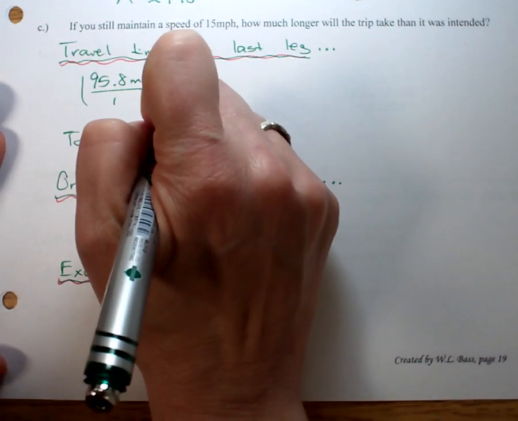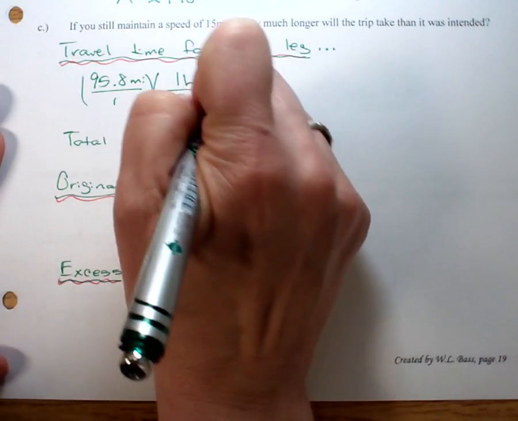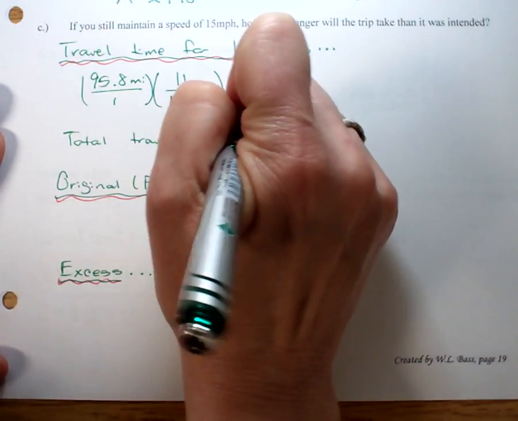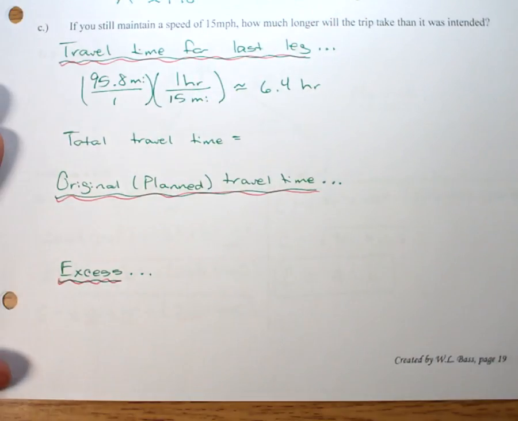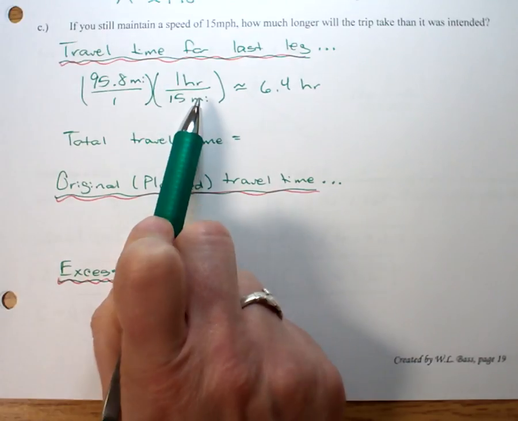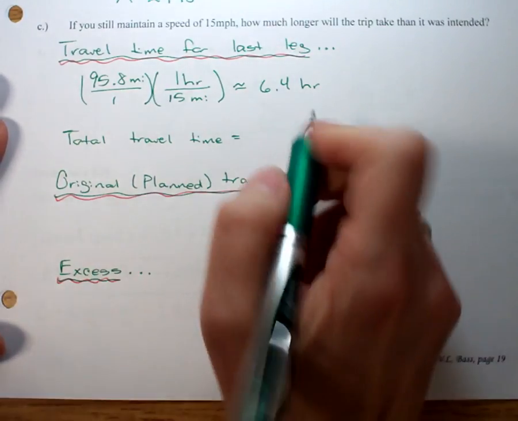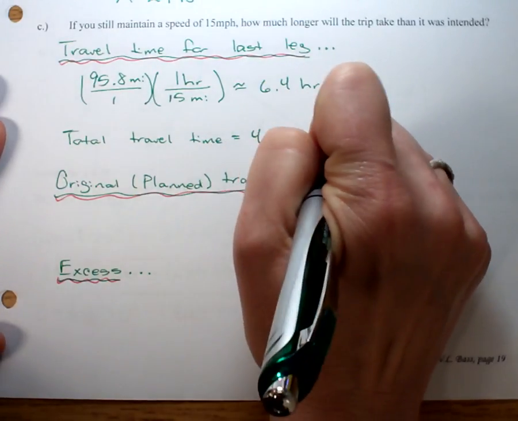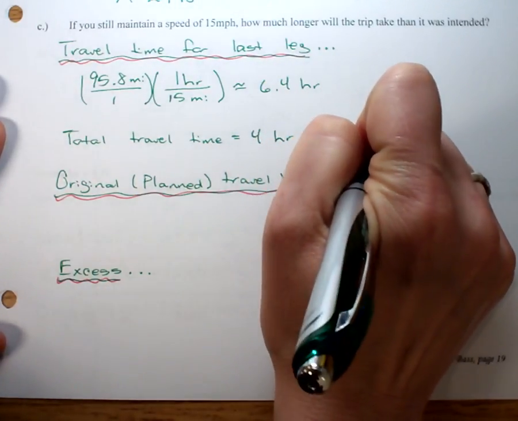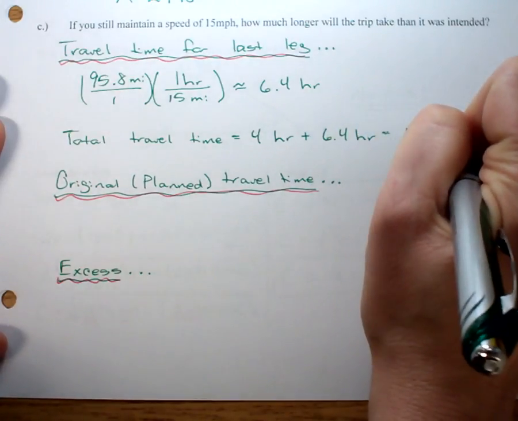We need our miles to cancel, so 15 miles per 1 hour. In other words, 6.4 hours. So I have 6.4 hours to travel that last leg, so my total travel time is the original 4 plus the new 6.4. In other words, my total trip is 10.4 hours.